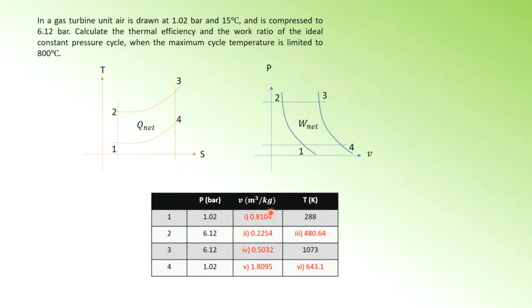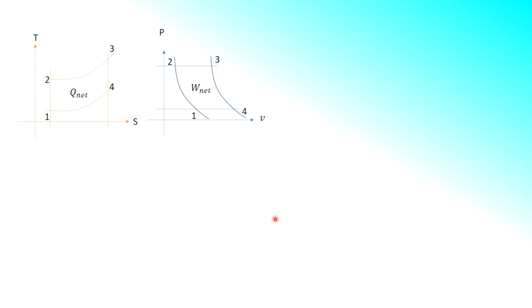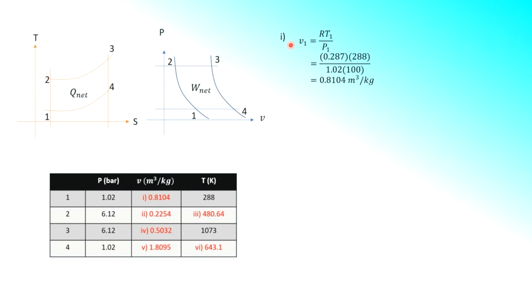So first thing is we have to find this volume. You can find the volume by using PV equals RT based on state point 1 itself. So V1 is your subject. R for air is standard, 0.287.